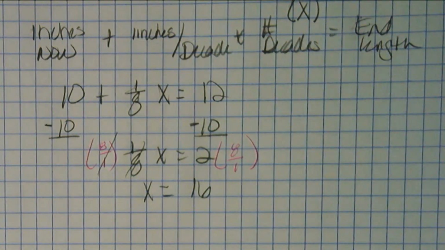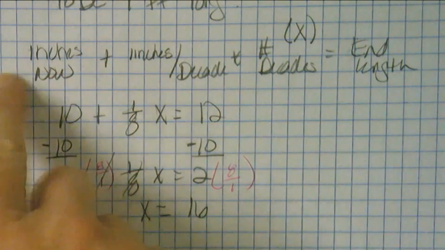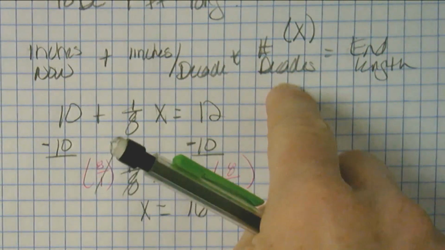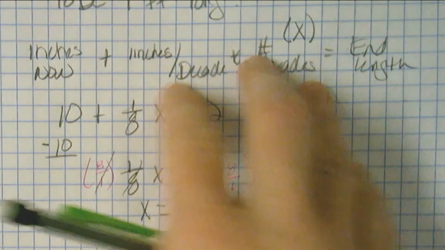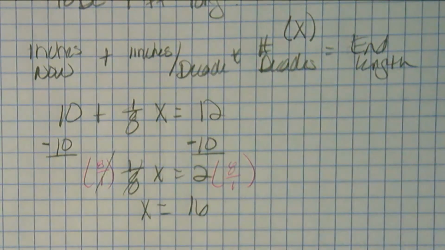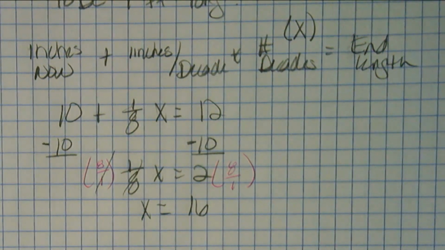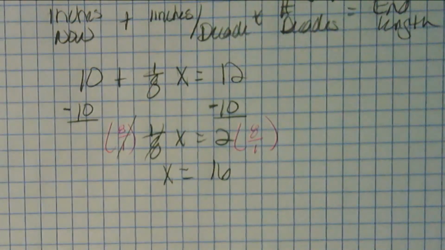What does 16 represent? No, it's not inches. Go back up and look. In our story problem, you always define your variable. In the game plan, what did we say x represented? The number of decades. So explain your answer to me.